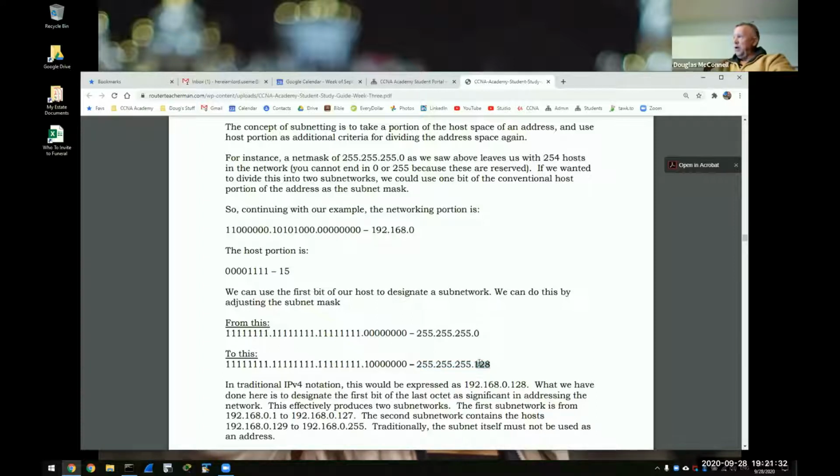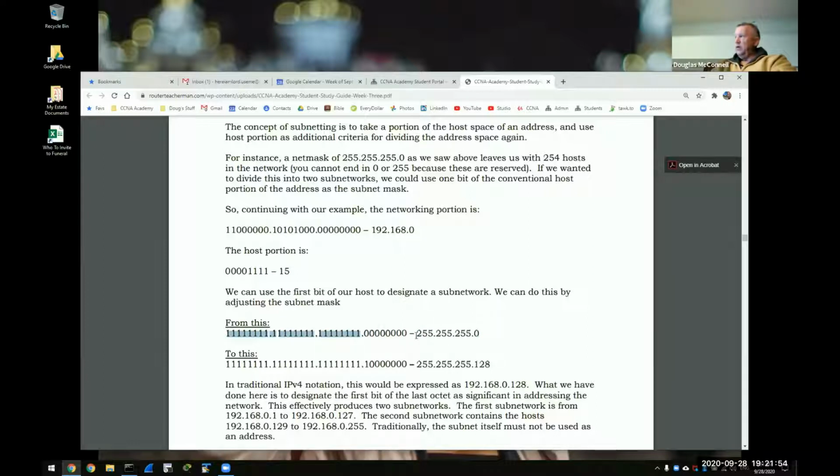Because what is 128 plus 128? 256. Isn't that how many, including 0, that we have as our block size when there are 24 bits on?